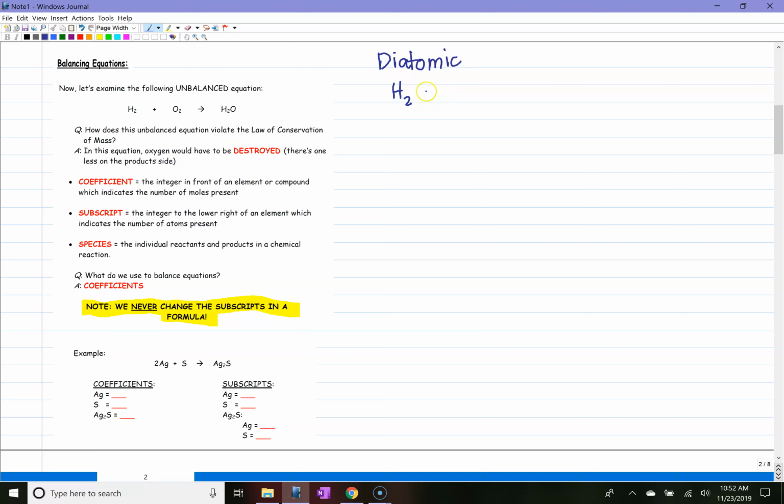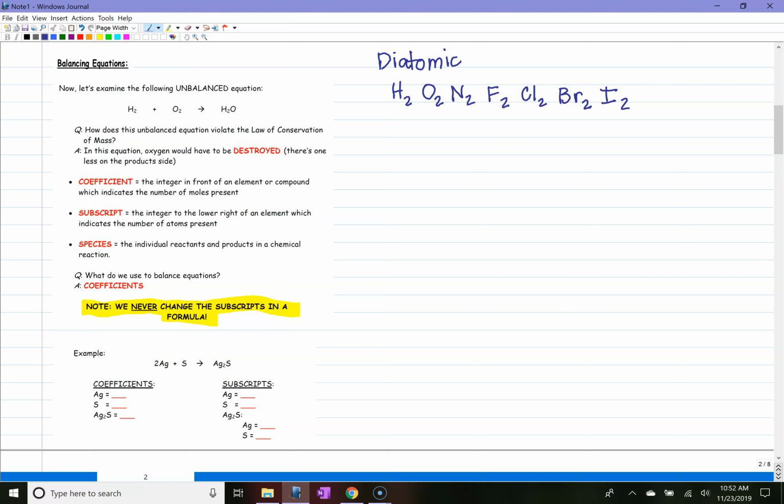The diatomic elements are hydrogen, oxygen, nitrogen, fluorine, chlorine, bromine, and iodine. If you have a diatomic element, you're going to put a 2 as the subscript.